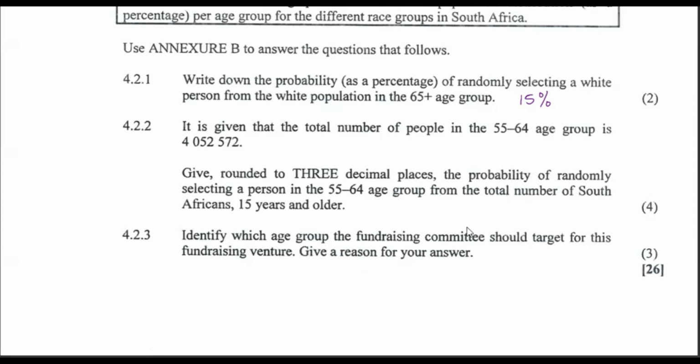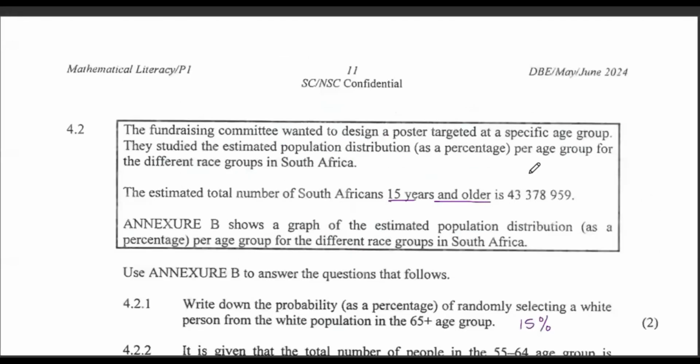So this is a sample. We shall take this number divided by the 43 million that you saw on top there as we were reading the question, divided by this number here.